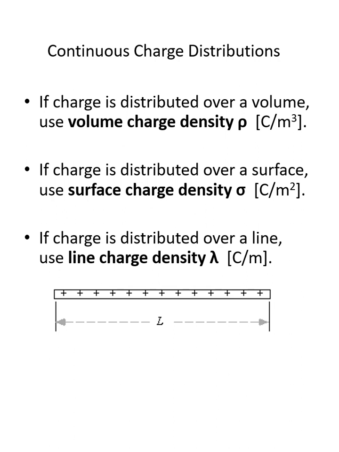Or if the charge is distributed over a surface, we'll use surface charge density. And for surface, we use the Greek letter sigma, and it's coulombs per meter squared. If the charge is distributed over a line, and you can see my diagram down below, many charges over a line, we'll use line charge density, and we'll use lambda for that, coulombs per meter.